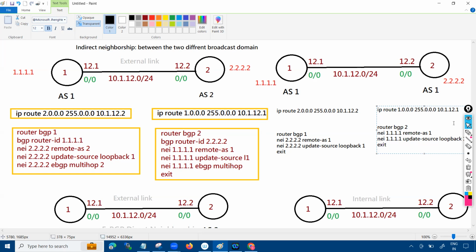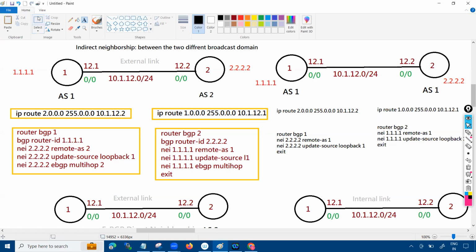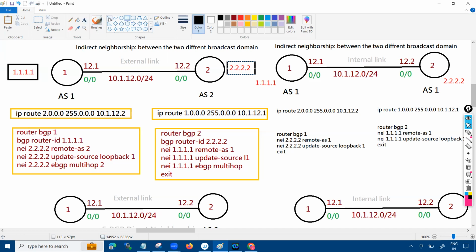Exit. So this is how you can make this internal link. Same concept, indirect neighborship comes into the picture when you have a neighborship between two different broadcast domains. So right now the neighborship is happening between this loopback to this loopback, this way.